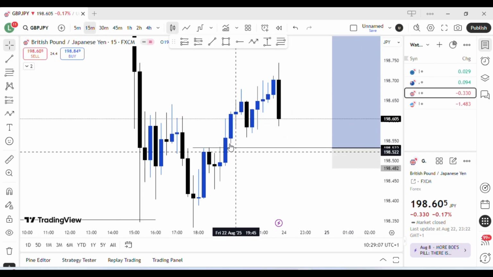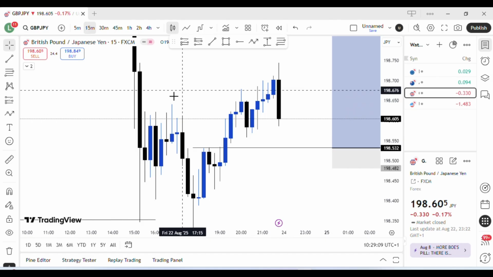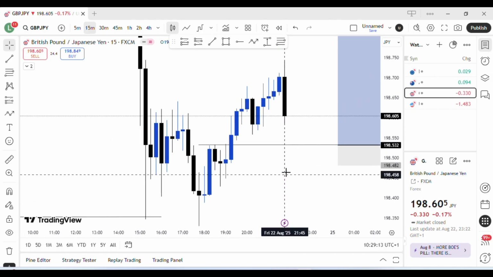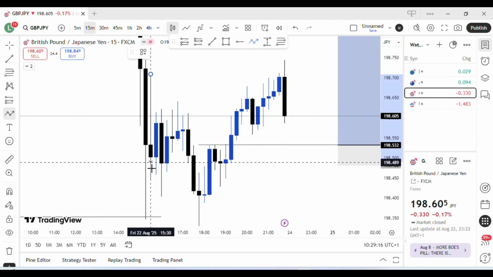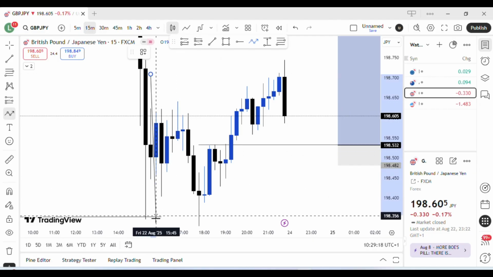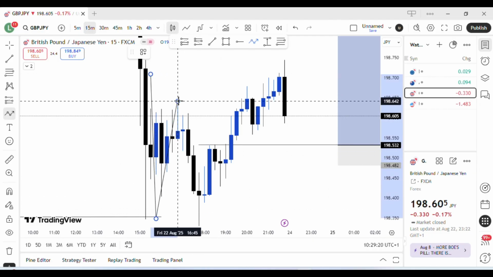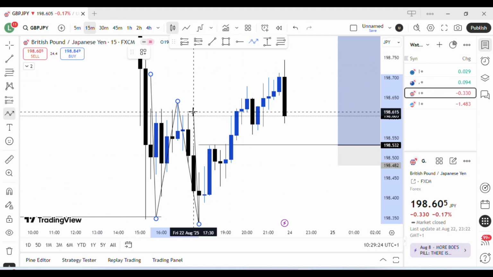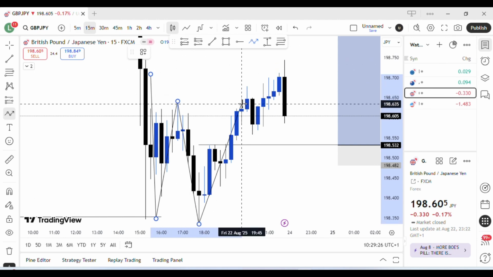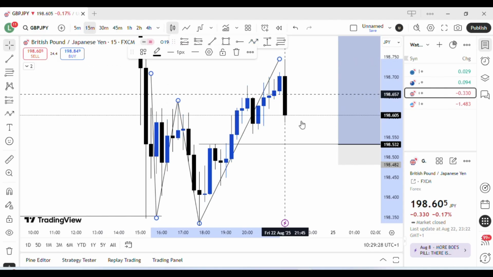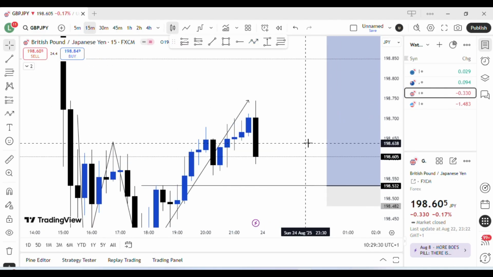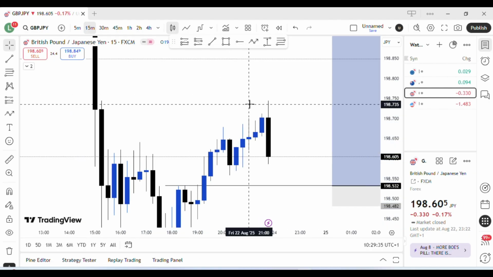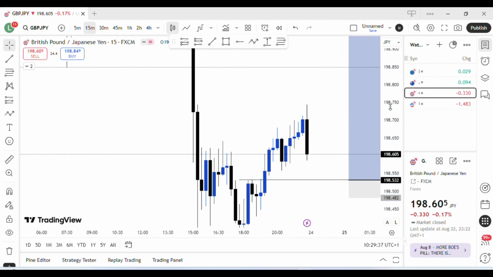As you can see, we have something like a W pattern at this area. The market sold to this area, went back, and boom, the market broke this structure. That is a market structure shift, right? It broke the structure. So how are you going to enter this trade? That is the question.